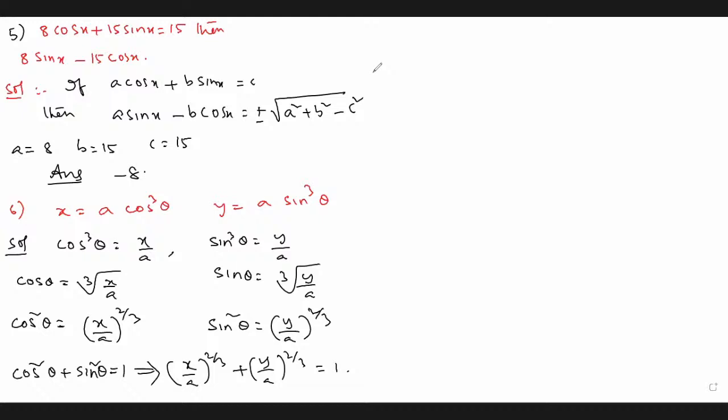Similarly, if I give the same type of question, a model question to eliminate theta: let x is equal to a cos theta, parametric form, and y is equal to b sin theta.